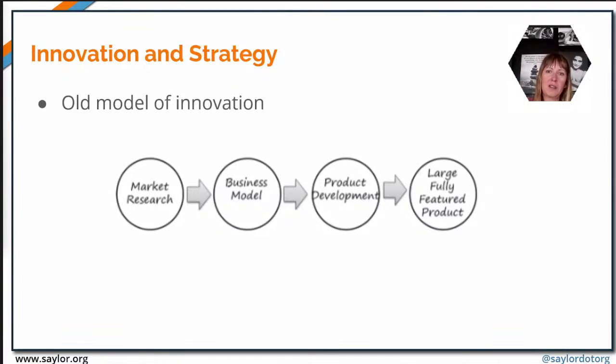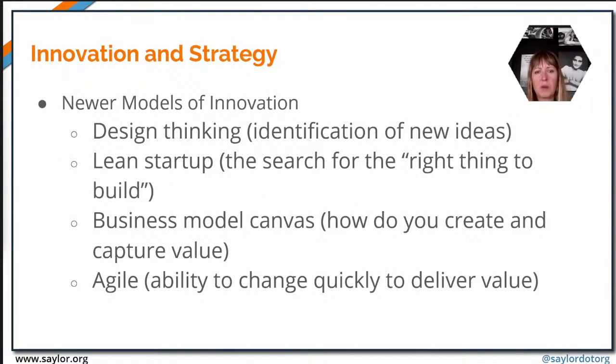We want to look at innovation as something that is a little bit more ongoing and that is involved in all levels of the organization, not just upper level management, for example. So when we look at innovation, we want to think about some of these newer models of innovation that our Unit 5 discusses. And they talk about it in terms of design thinking.